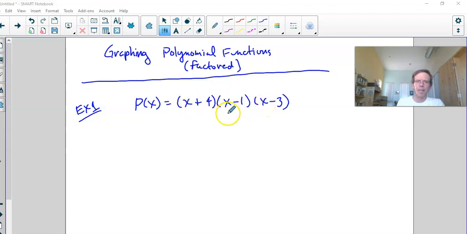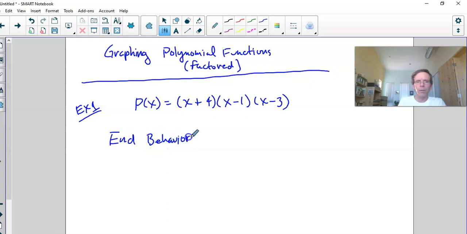All right. As far as graphing goes, though, let's start with the end behavior of the graph. What happens when x gets really, really negative or really, really positive? We know that the end behavior is related to the first term in the polynomial.